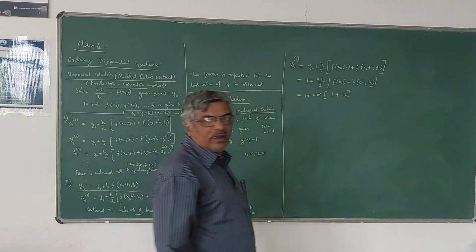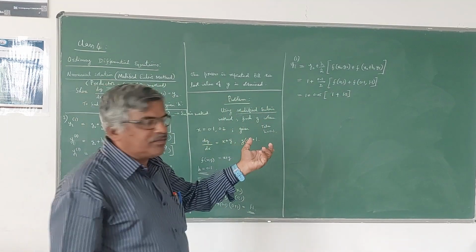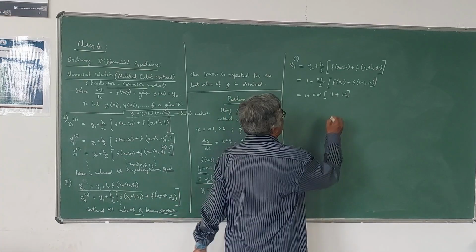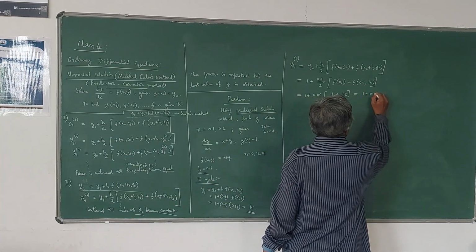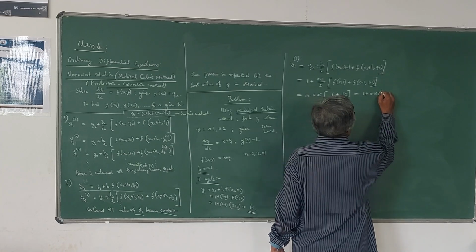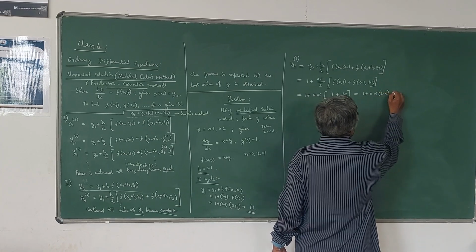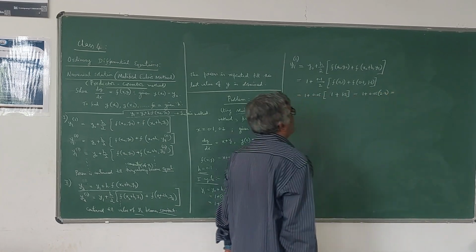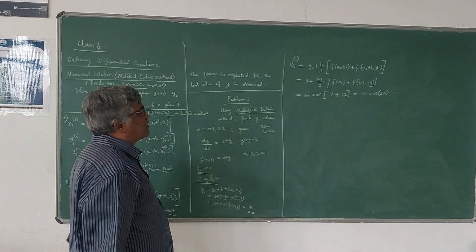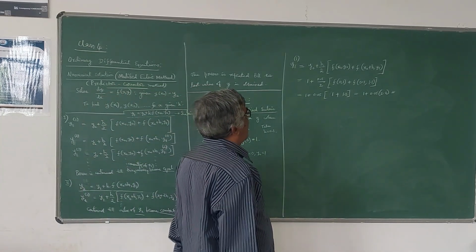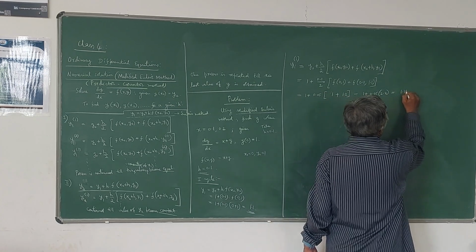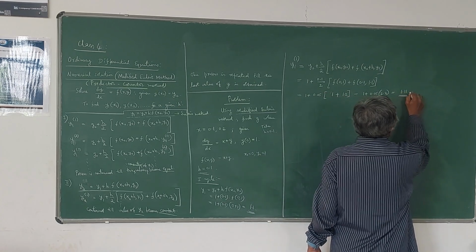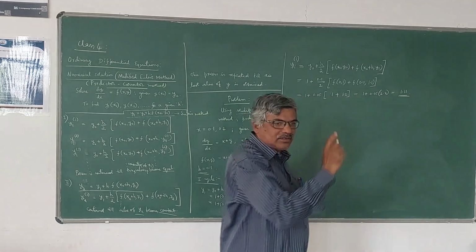Correct? x plus y. So now we have to simplify this. What is the value? 1 plus 0.05 into 2.2, which is 1.11.